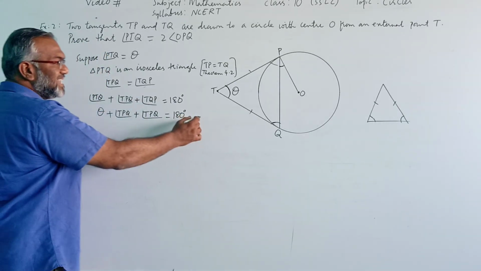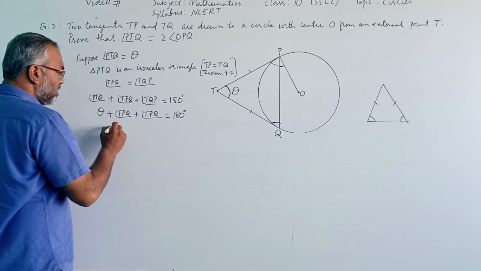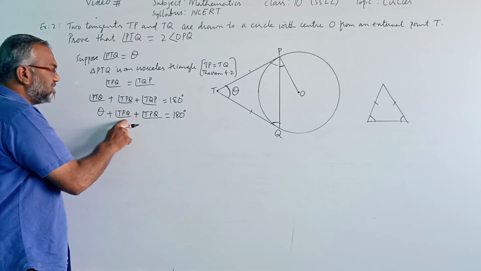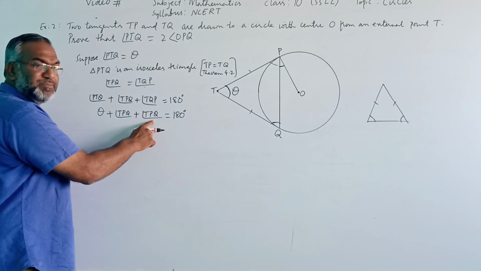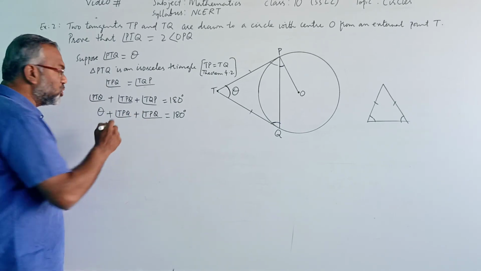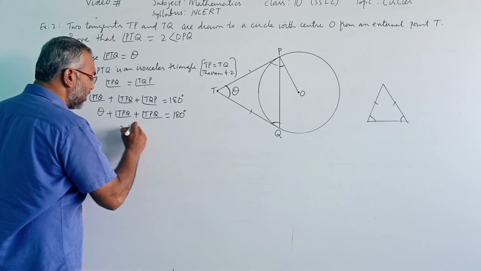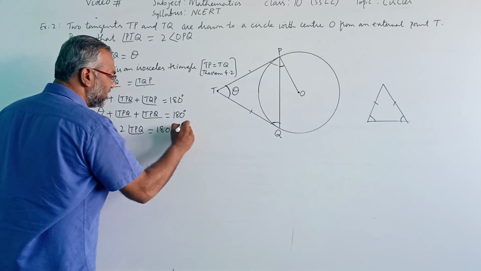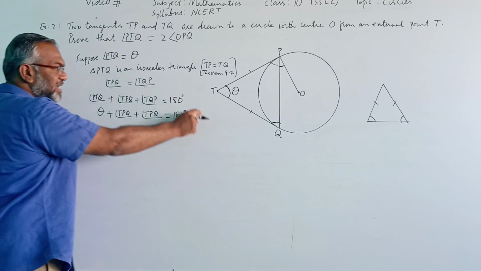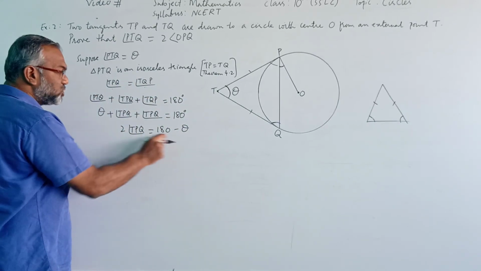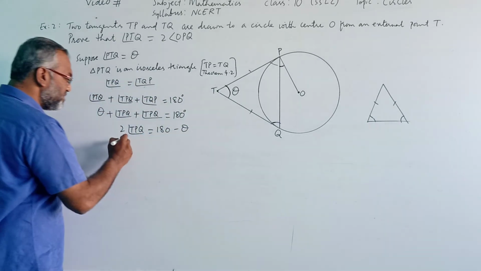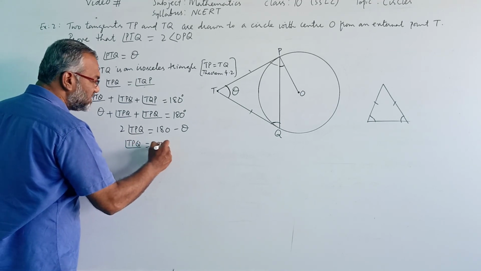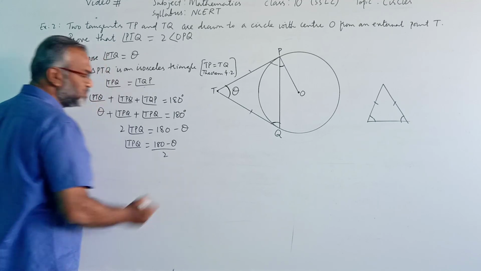Take this theta here. So it becomes TPQ plus TPQ. 1 TPQ plus 1 TPQ will become equal to 2 TPQ. 2 angle TPQ is equal to 180 minus theta. I transferred theta here. Now take this 2 also here. So angle TPQ is equal to (180 minus theta) divided by 2.